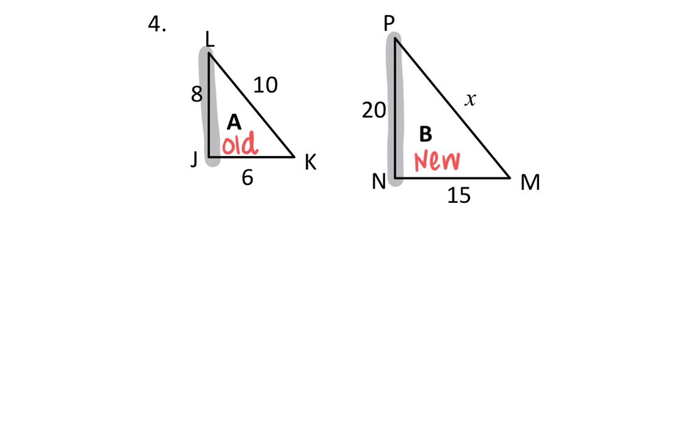They are in the same position, so they're corresponding sides. I'm going to form my fraction for my scale factor. So SF, remember it's new side over old side. That is my formula. So my new side is 20, so 20 goes at the top, and my old side is 8.